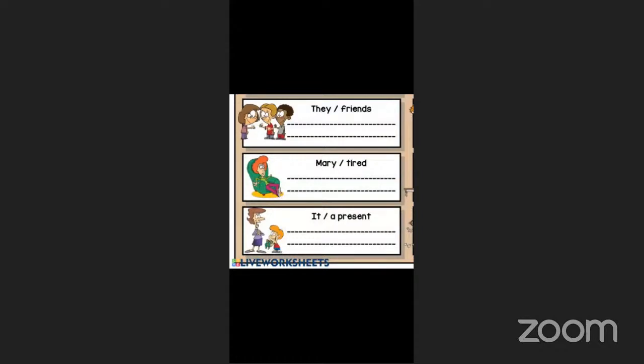Now, take your reading books out. Take the pupils' text out and turn to page 8.